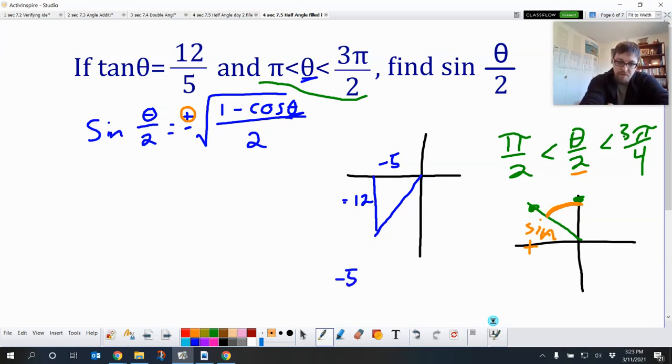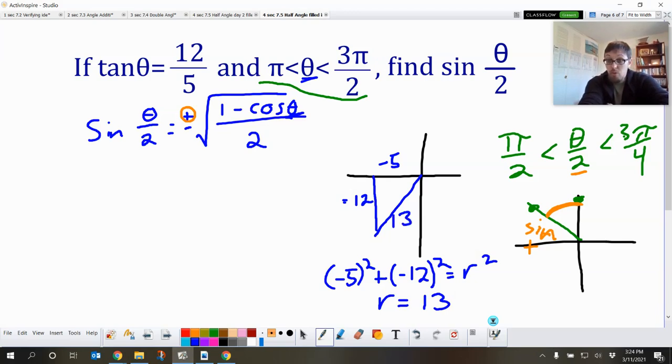Well, that's going to be negative 5 squared plus negative 12 squared equals my radius squared. So my radius is, let's see, 144 plus 25, so that's 169. You square root it, you get 13. Cool. So cosine is going to be adjacent over hypotenuse, so it will be negative 5/13.